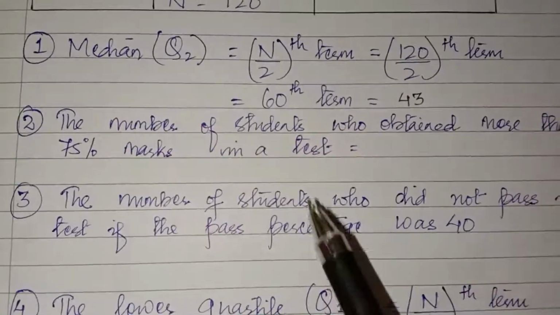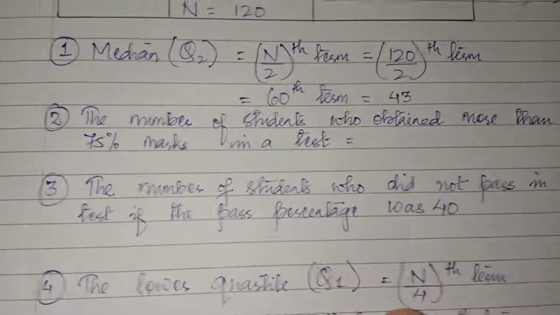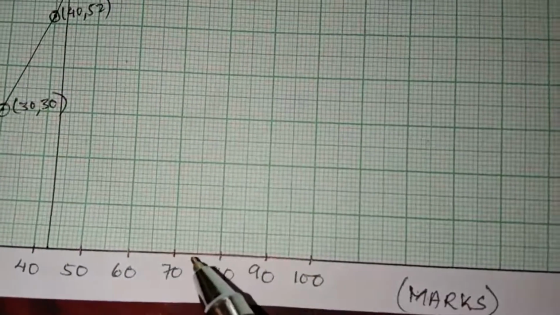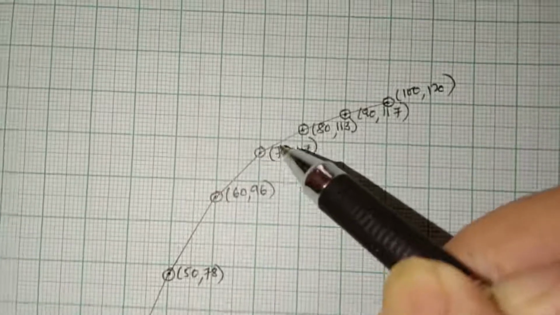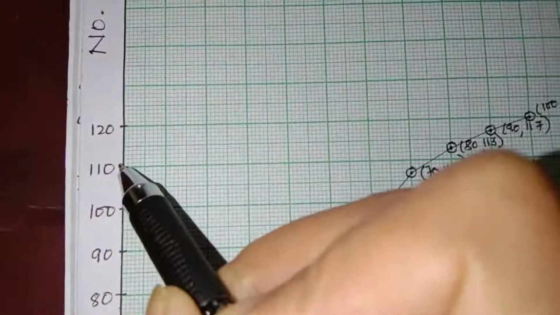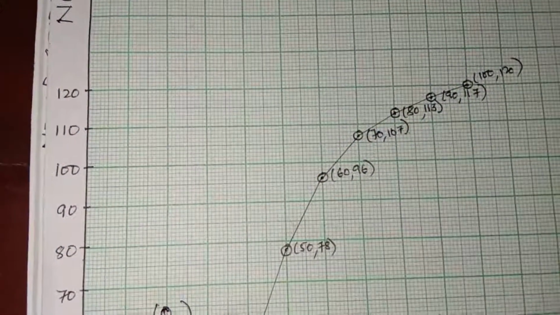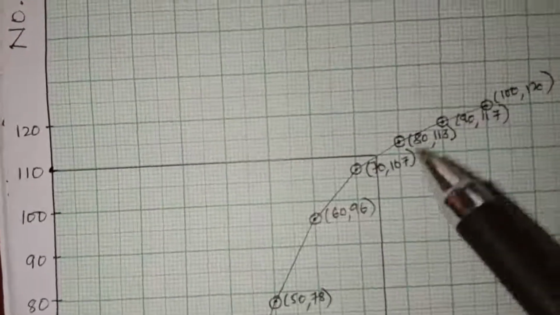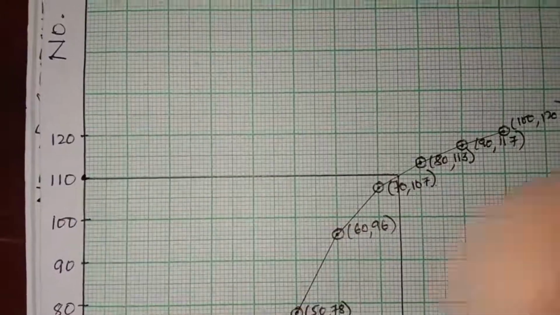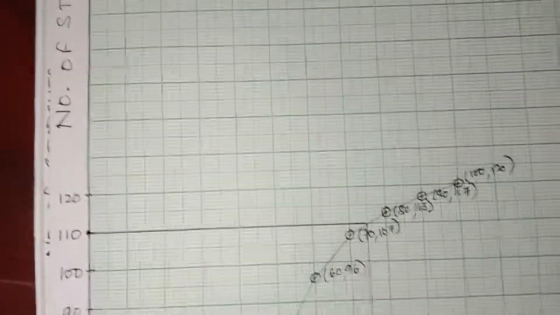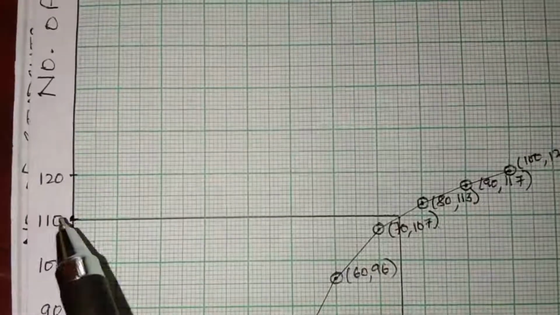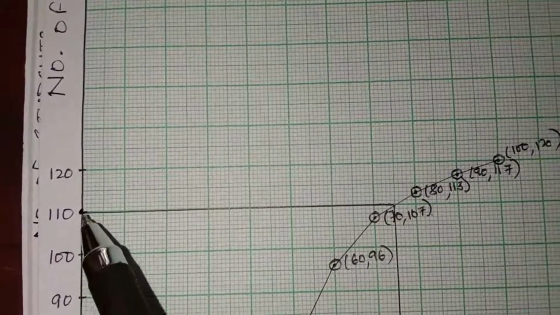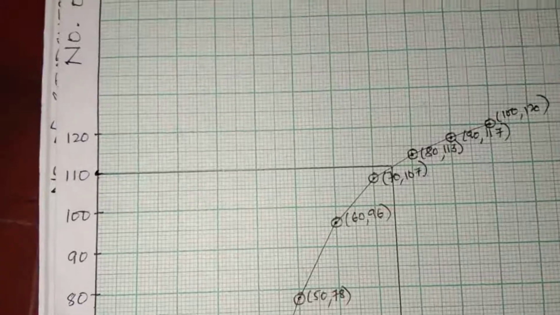Next is the number of students who obtained more than 75% marks in a test. So marks is here, 75 is here. From 75 you have to draw a line up to the curve, then go to the y-axis side to find the number of students. Here it came 110, so 110 students got less than 75%.